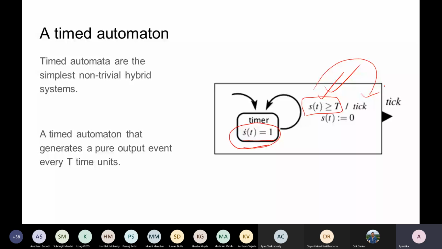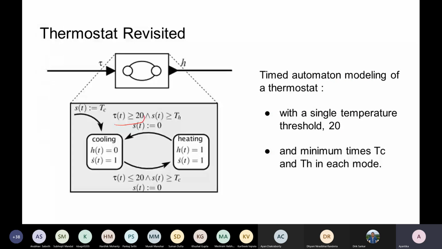If you take the traffic light controller example, or the thermostat example, at time t, if your temperature is greater than 20, and you have said that at a particular state the thermostat should maintain the state for a particular time, that may be th and tc for heating and cooling states. So that means time is greater than th and your temperature is greater than or equal to 20.